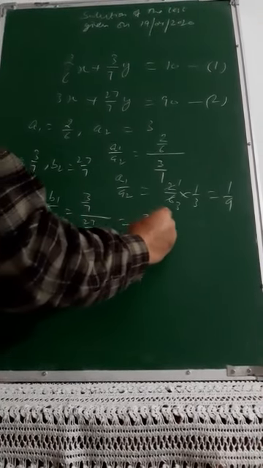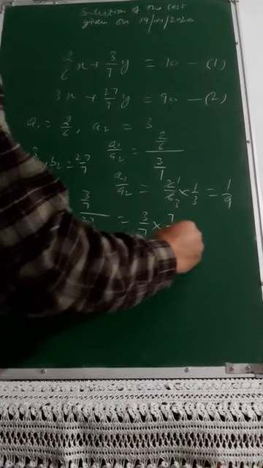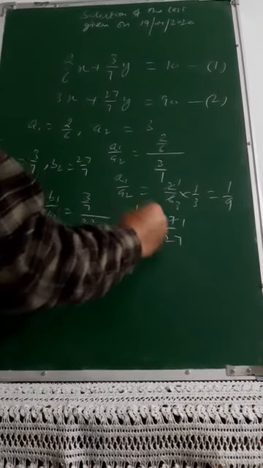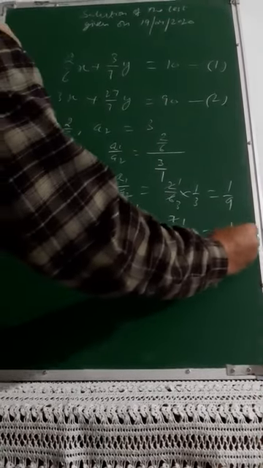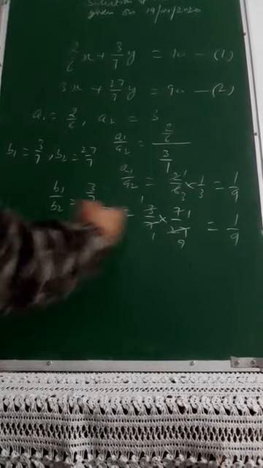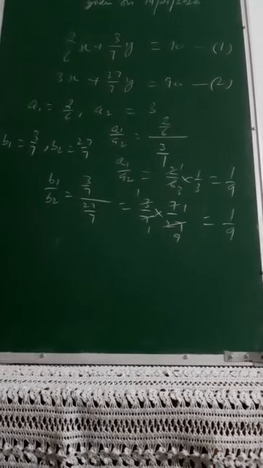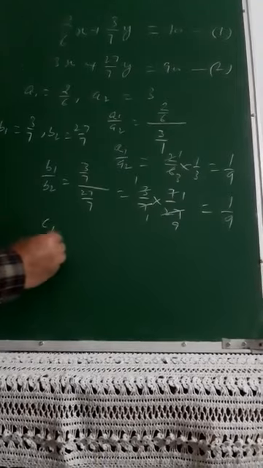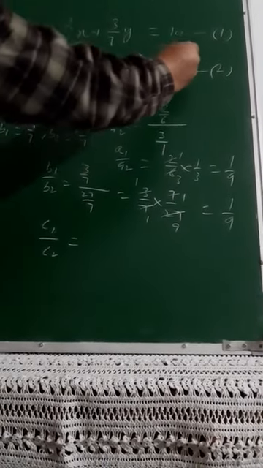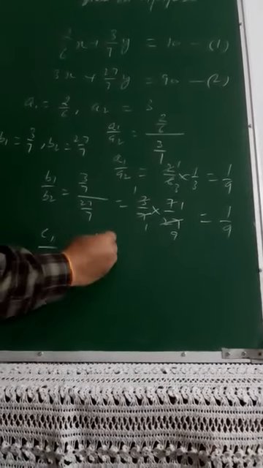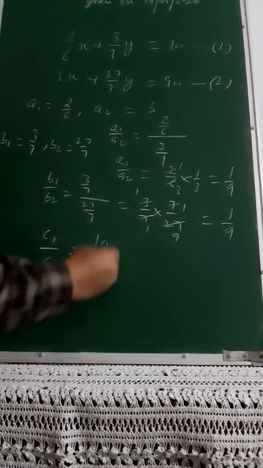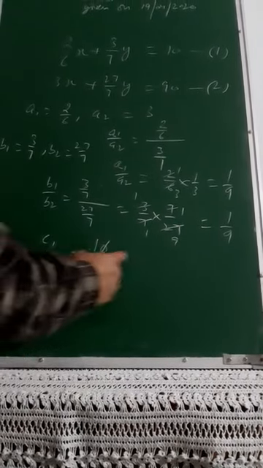So that can be expressed as 7 upon 27. 7 ones are 7, 7 threes are 21, and 3 nines are 27. Again you see your b1 upon b2 is also equal to 1 upon 9. And finally if you check c1 upon c2, your c1 is 10, c2 is 90. So you will be getting 10 upon 90, and that is also equal to 1 upon 9.